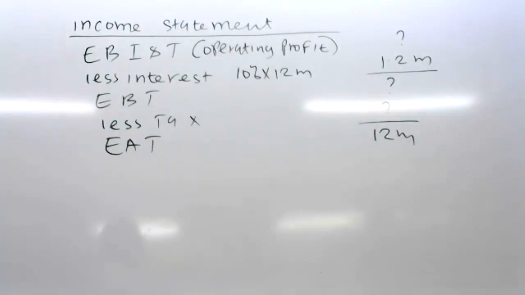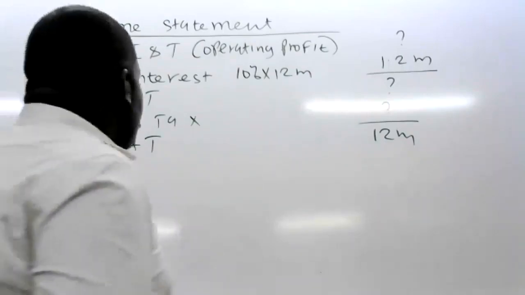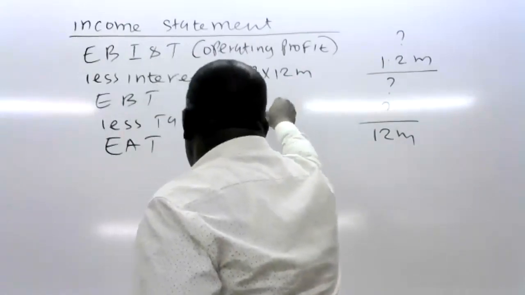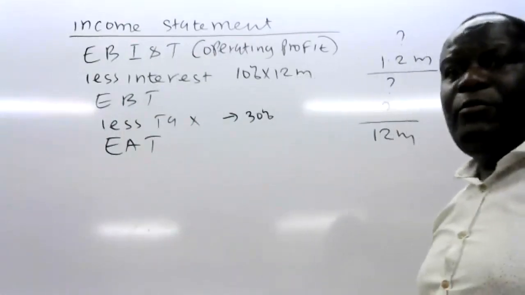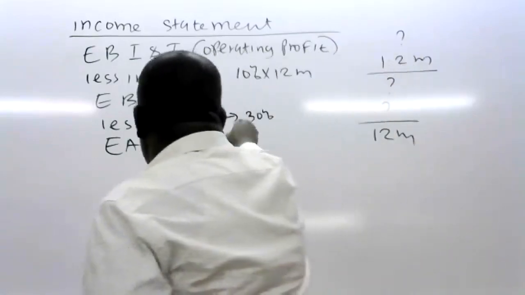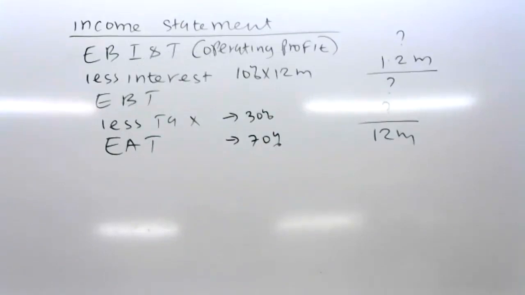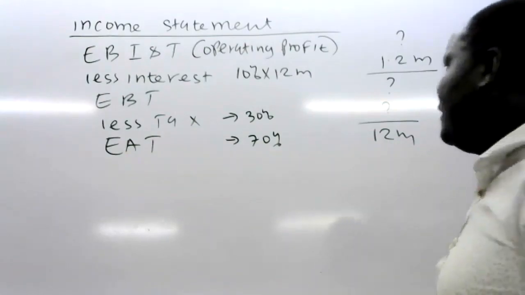In note number 2, the tax rate is 30%. Because we less 30% as the tax, we get the earnings after the tax. So the earnings after the tax is meant to be 70%.